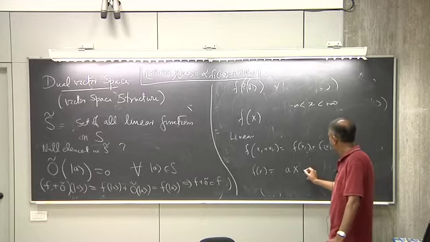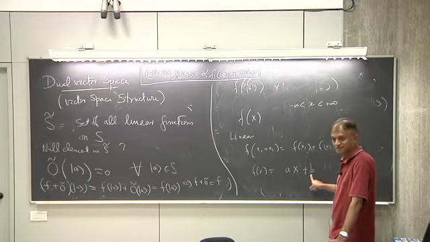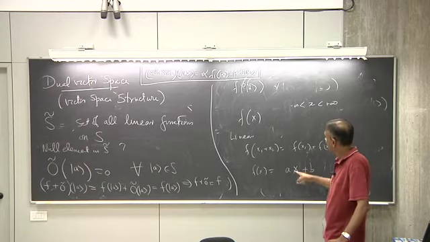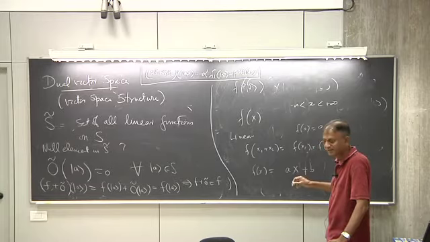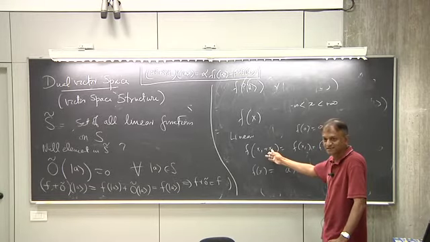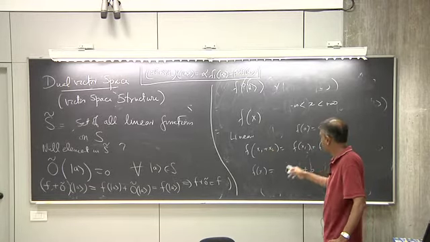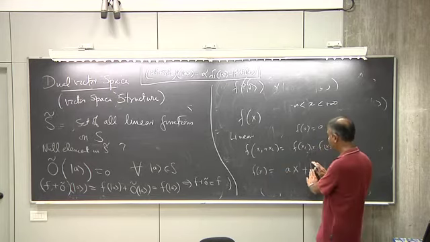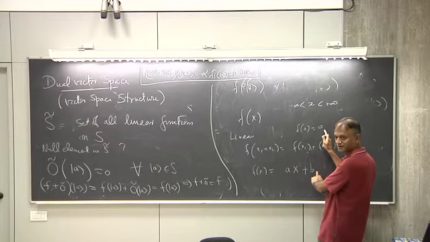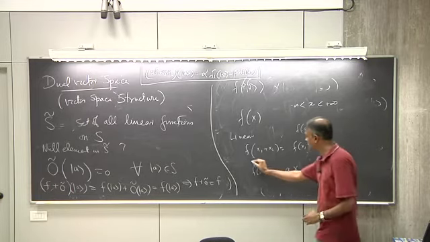And moreover, you cannot even add a constant here, because this condition tells you that f of 0 is 0, because if I choose x2 equal to minus x1, then that will be 0. If you take x equal to 0 and a constant b was there, then this would not be true, right? So b is 0 also. So it's just this function.